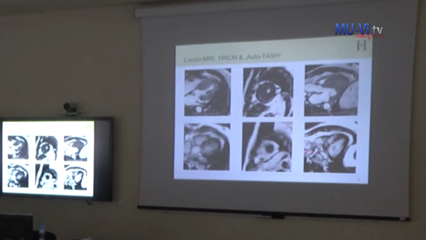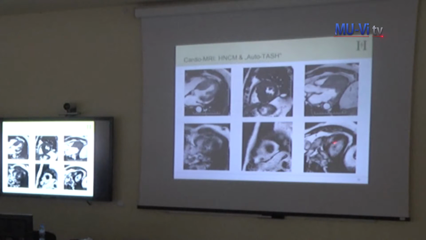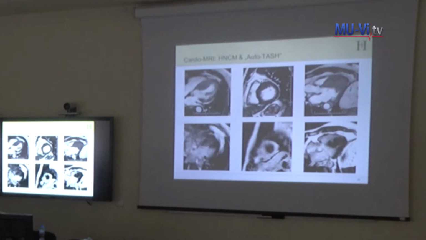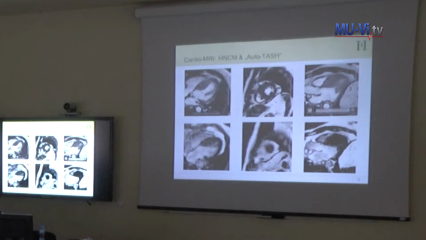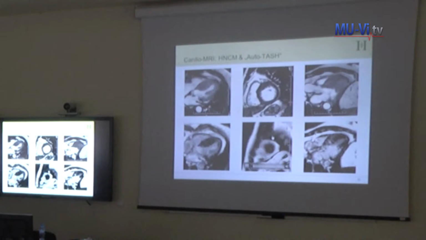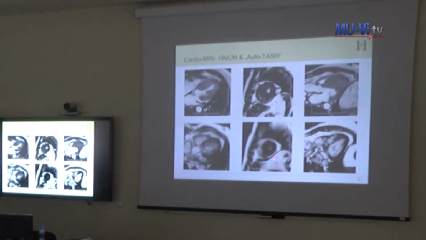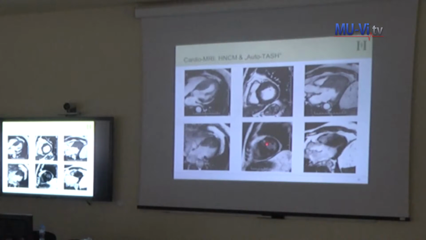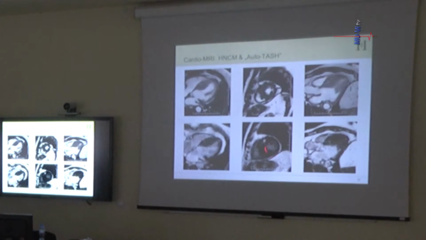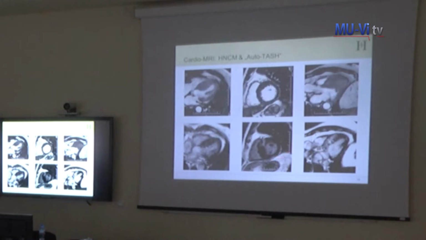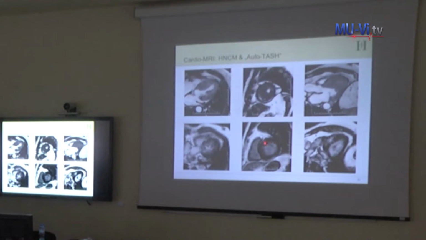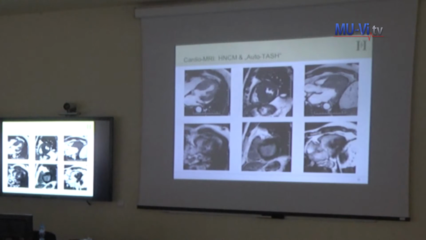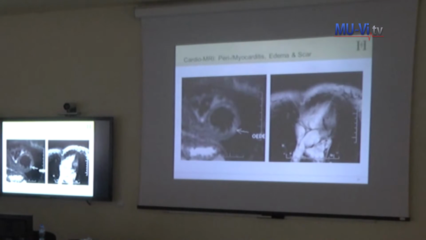The white spots you see here, or here, are in this sequence, called late enhancement or myocardial delayed enhancement. These white spots are infarctions. The black is muscle and the white is scar. You can see it in this sequence.